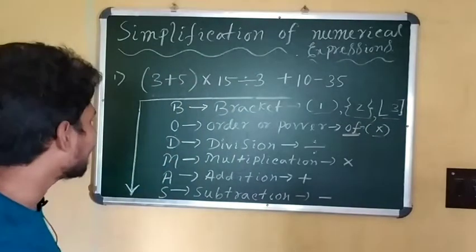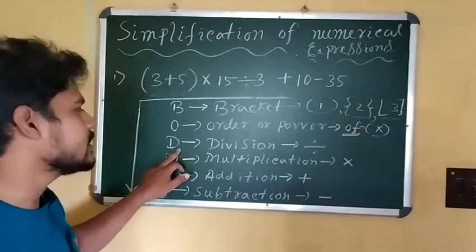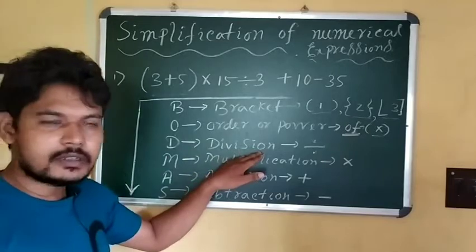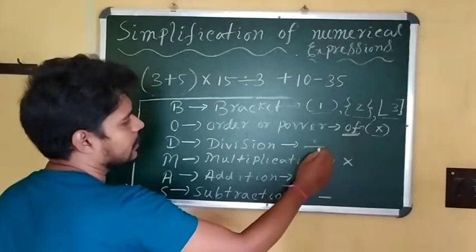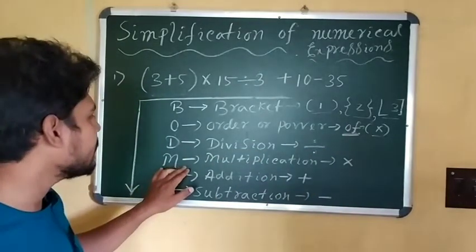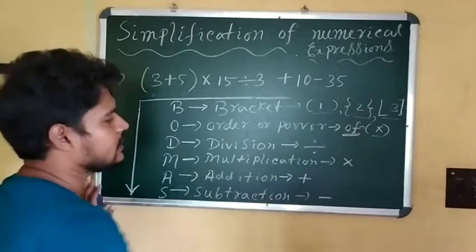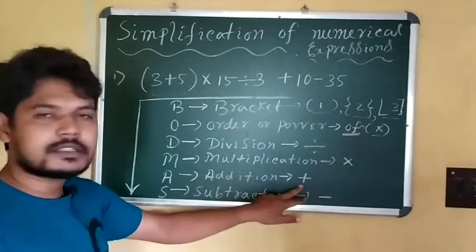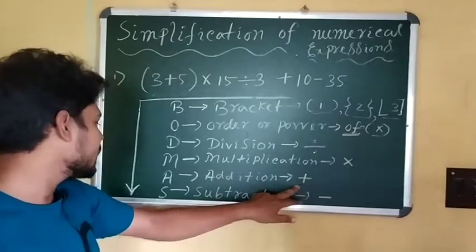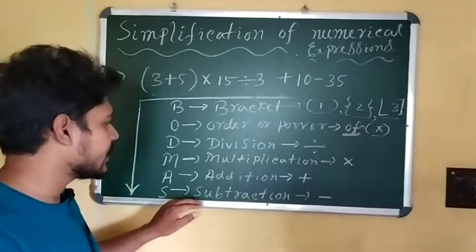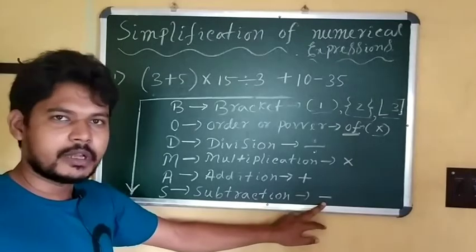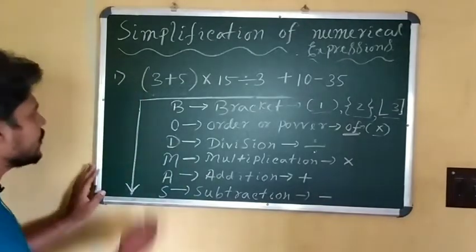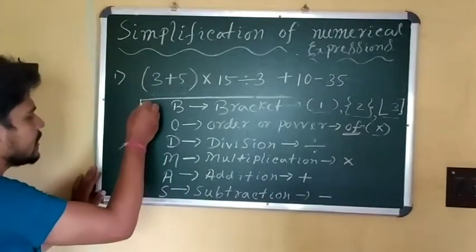Okay. Come to the third letter, that is D. D for division, and that is the symbol of division. Come to the M. M for multiplication, that is the multiplication sign. A for addition, that is the sign of addition, and at last S for subtraction, that is the subtraction symbol. So we have to follow this sequence from upper side to lower.